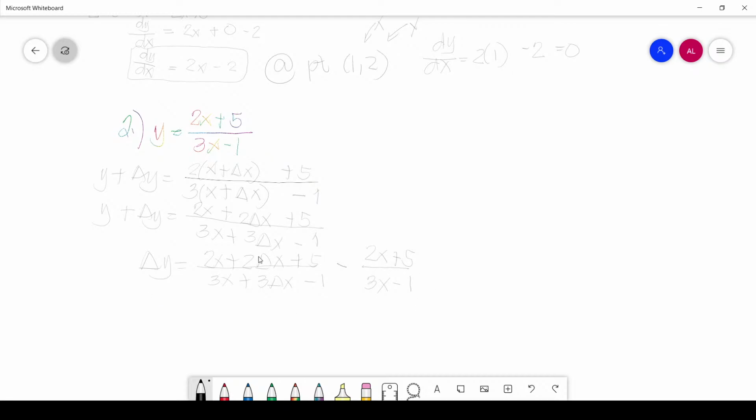Since this is a fraction and we are subtracting functions, we usually find the least common denominator. So how do we do that?